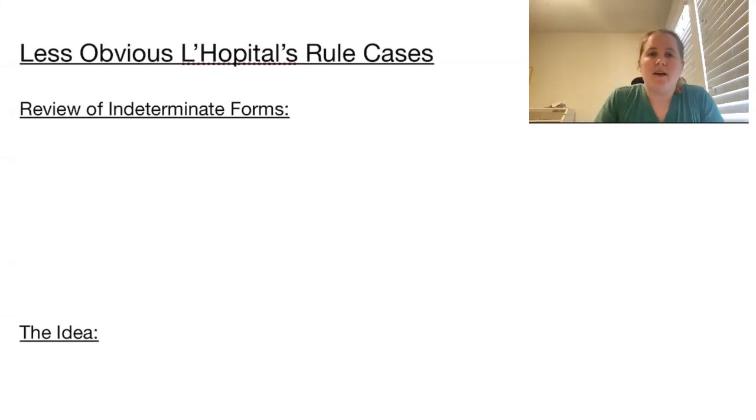Welcome to less obvious L'Hopital's rule cases. So L'Hopital's rule came in for a couple indeterminate forms.